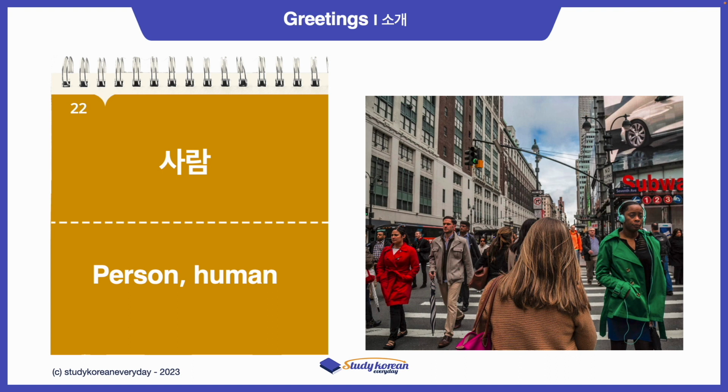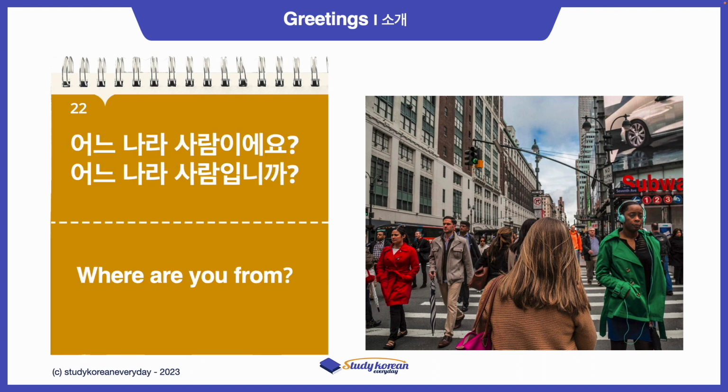And in Korean, we ask nationality like, where are you from? But we say differently, which country person are you? It's our way of asking a nationality. So, 어느, which, 나라, country, 사람, person 입니까?